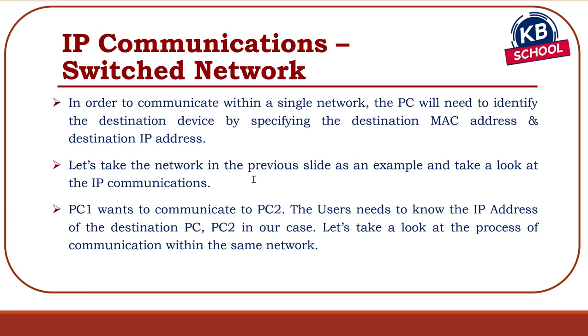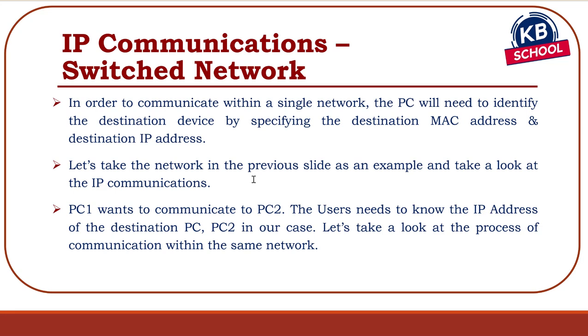So in order to communicate within a single network, the PC will need to identify the destination device by specifying not only the destination IP address, but also the MAC address. So I know I need to communicate to 192.168.1.51, but I don't know the MAC address for 192.168.1.1. So how do I find that out?